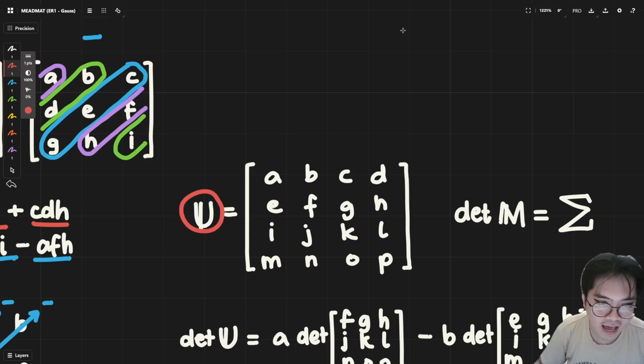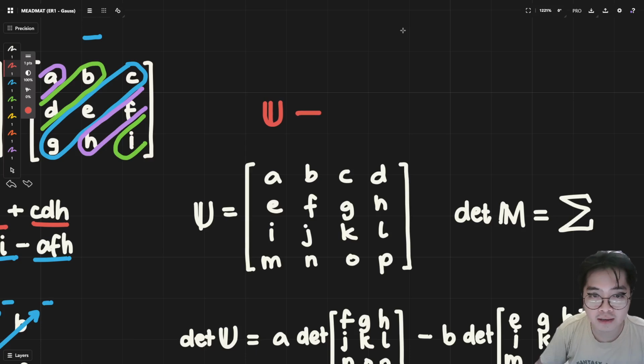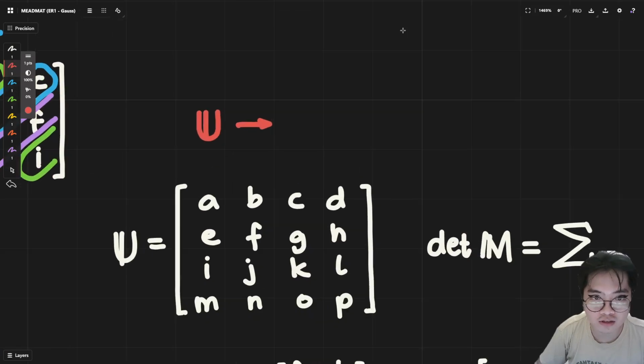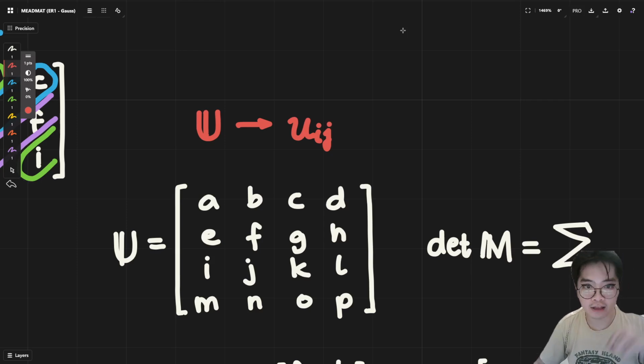We have here our matrix name, letter U. It is usually written as a capital letter that is usually blackboard bold. Elements in U are usually denoted with the small letter and then with the row number and the column number. Usually they are in terms of I and J. In this case, we have I and J in here, so hopefully that does not present some confusion.